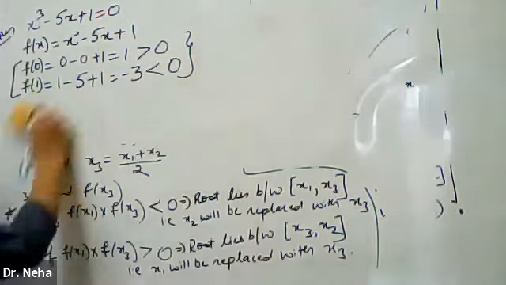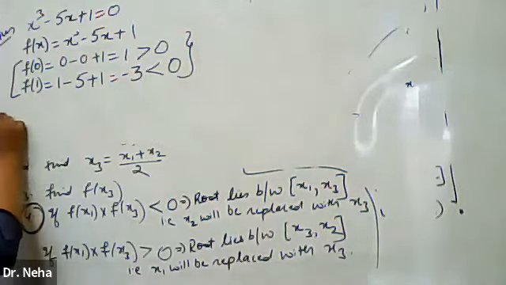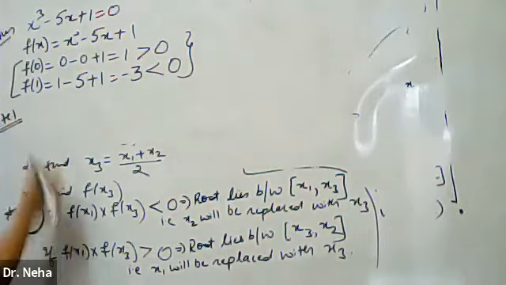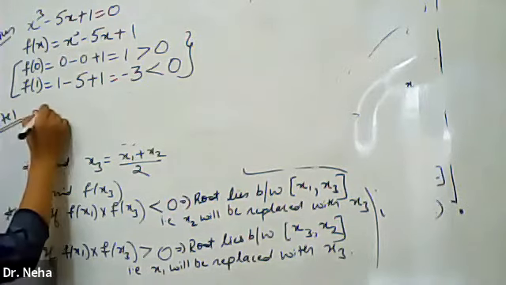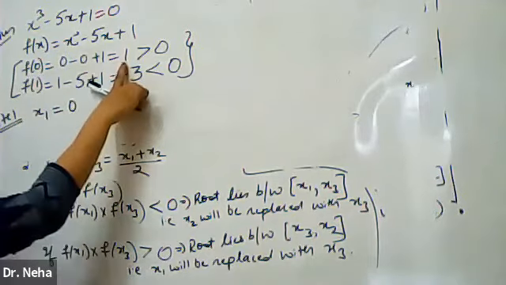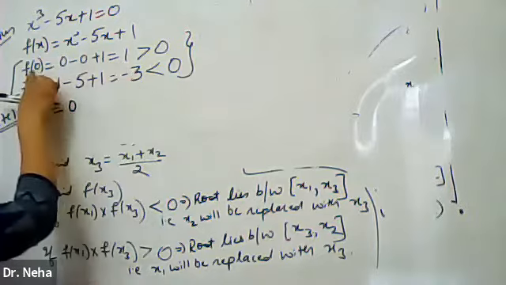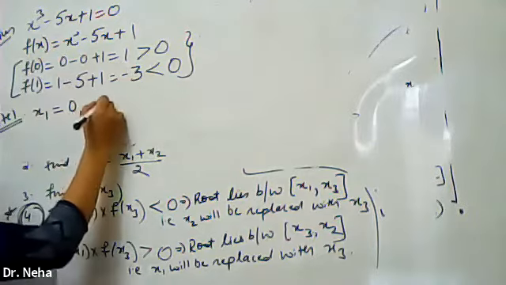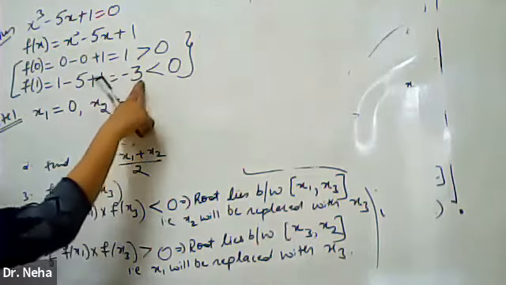Okay. So, we are going to start from here, iteration number 1. Clear? x1 equal to 0. x1 is not 1. Please note it down. x1 is not 1. It is 0. And x2 is 1, not minus 3.